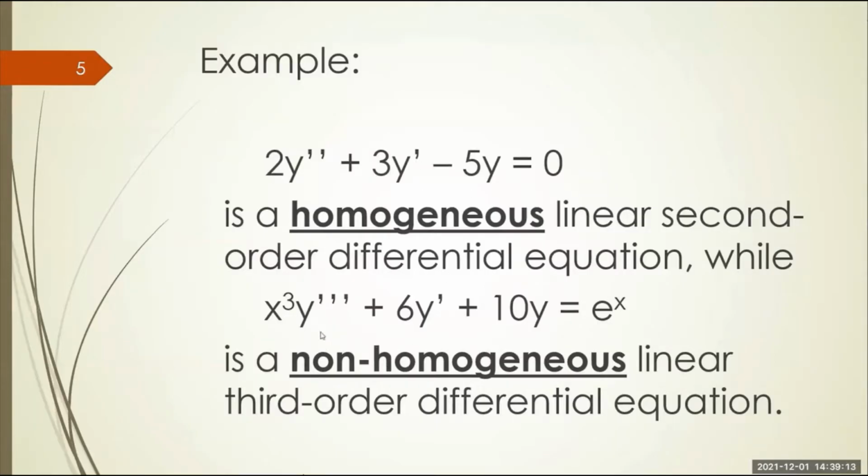Whereas in this case, what is the order of the second example? Third order. What is the degree of that third order? So for the second example, you can see that this is of the third order. Therefore, this one is simply a non-homogeneous, linear, third order differential equation with variable coefficients.